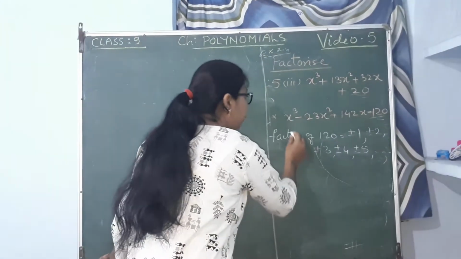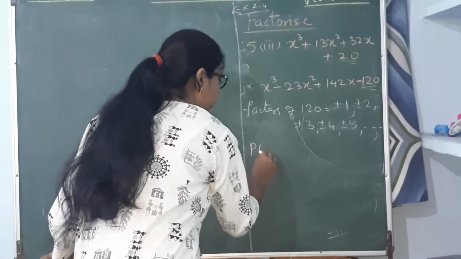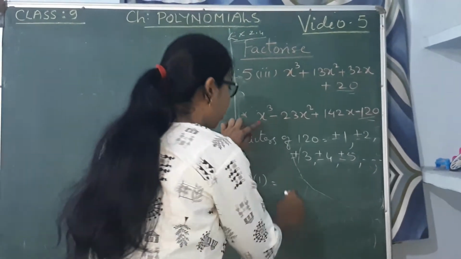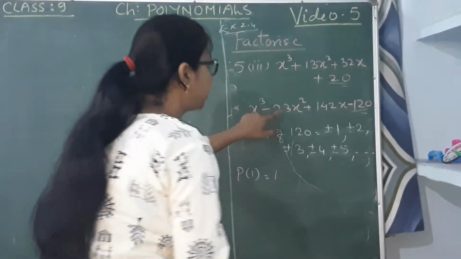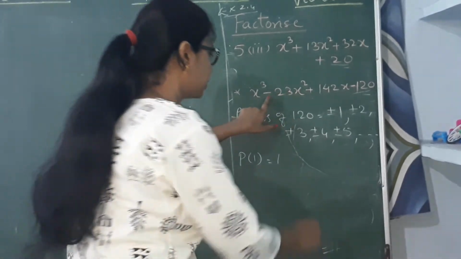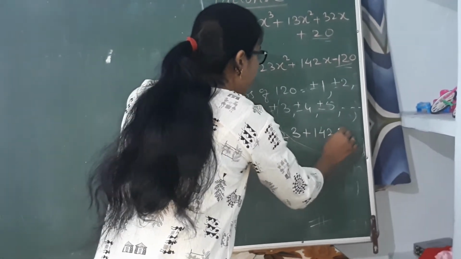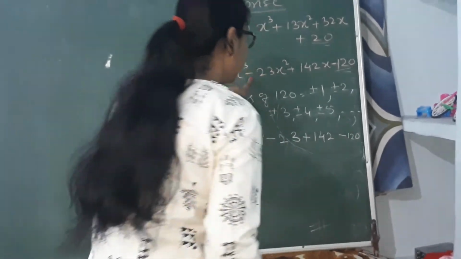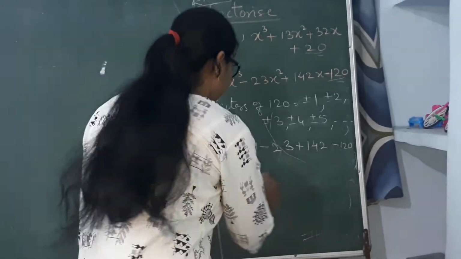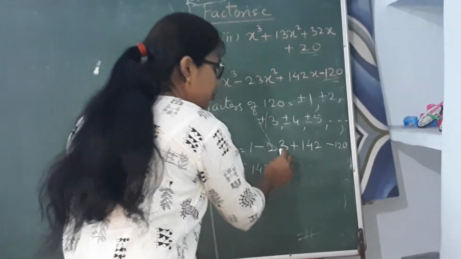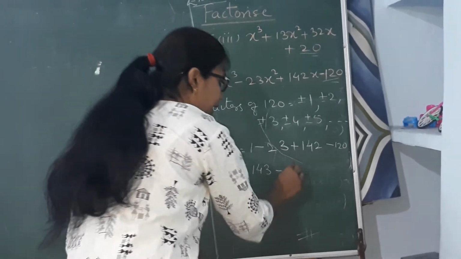So here we are going to substitute 1. Let us check for 1 whether the value is 0 or not. So 1 cube is 1, minus 23 plus 142 minus 120. 1 plus 142 gives you 143, and this is 23 and 120, which added gives 143.